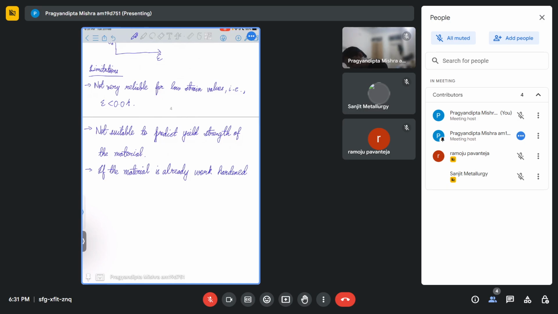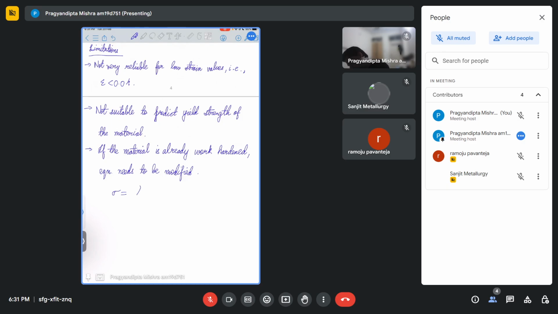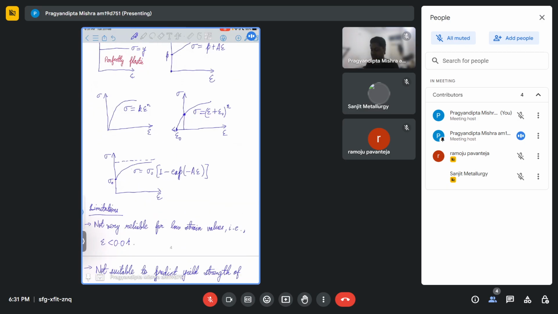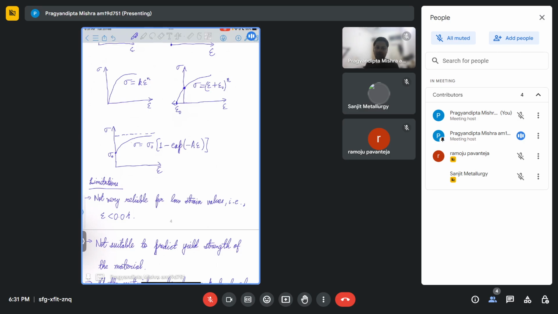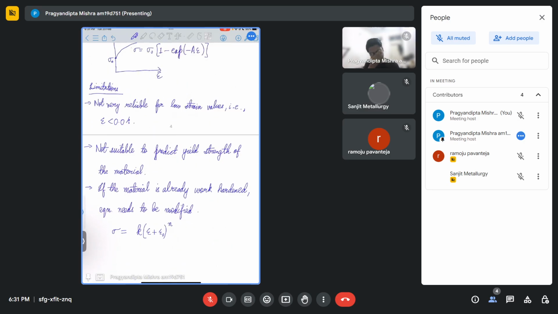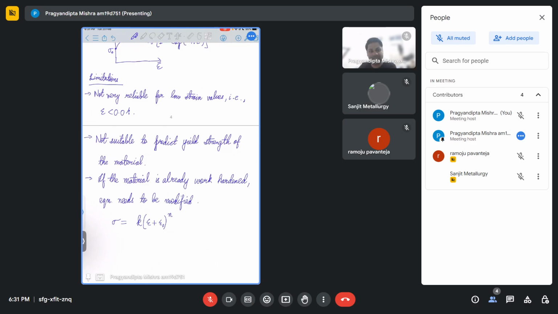We have to use a modified version of that equation. For instance, we used sigma is equal to k times (epsilon plus epsilon naught) to the power n. So if it is already work hardened, then you have to use this kind of equation. The example I talked about, pre-stressing, is also another kind of work hardening, a practical example of that. So if it has already been work hardened, you have to modify the equation accordingly.